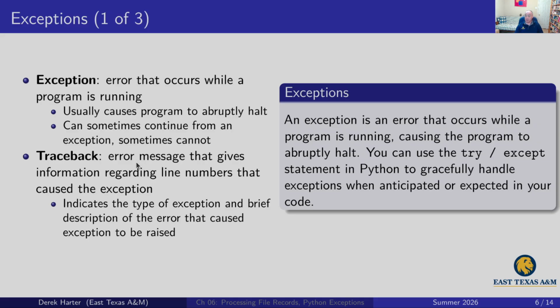Okay, so what happens for an exception is you'll get a traceback, which can sometimes be a bit hard to understand, mysterious, but if the error isn't handled, it's an attempt to indicate what happened, the type of exception, and the code that caused it to be raised.